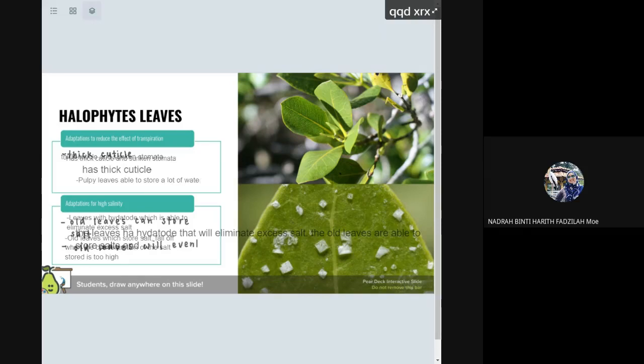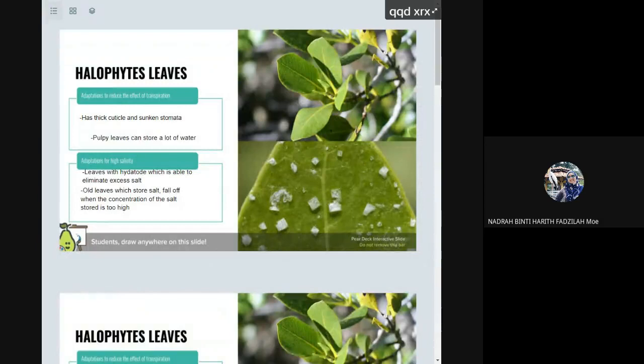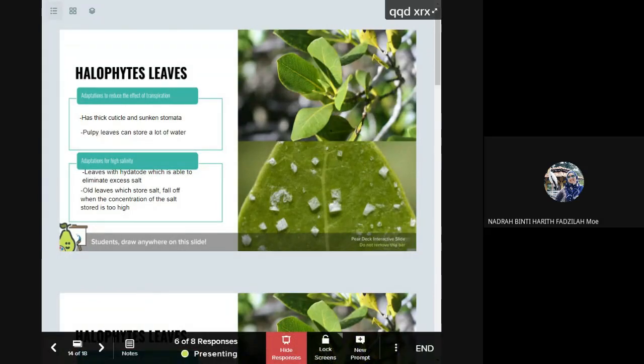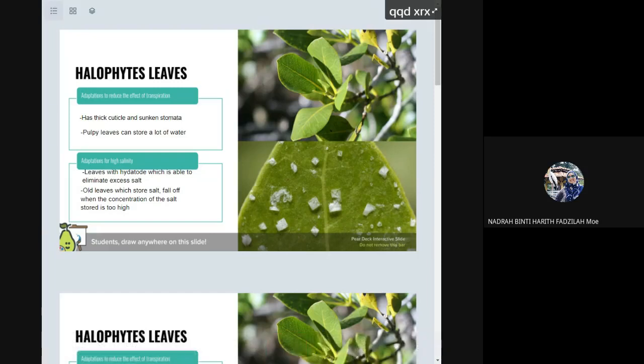Very good. Okay. Dah ada dah. Ada yang identify the function of high dot. Very good. Okay, teruskan. Alright, good.